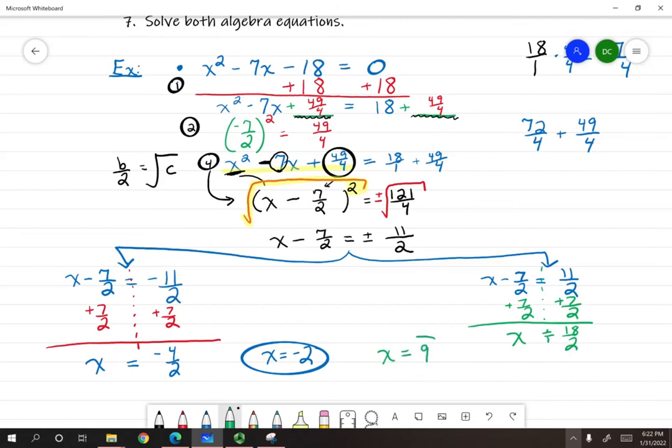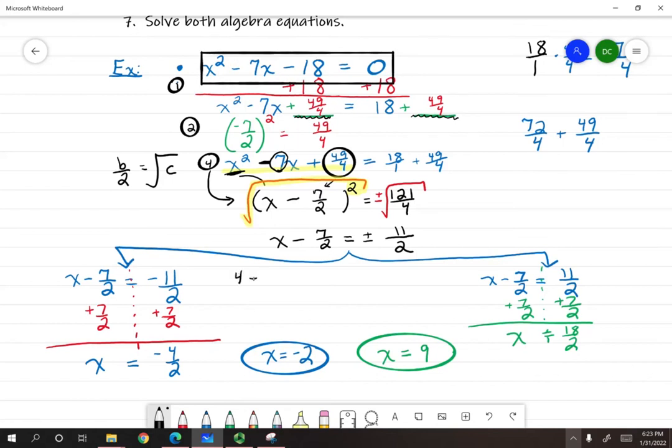Remember, when you get answers doing these problems, I can always check my work. If I were to check my work using x equals negative 2, I'm going back to this equation and plugging it in. I get negative 2 squared is 4. Negative 7 times negative 2 is plus 14 minus 18.